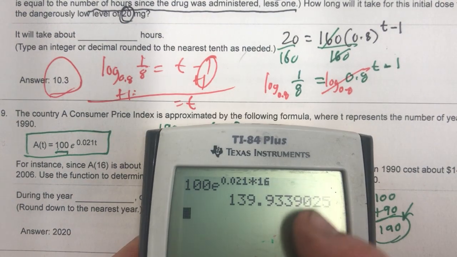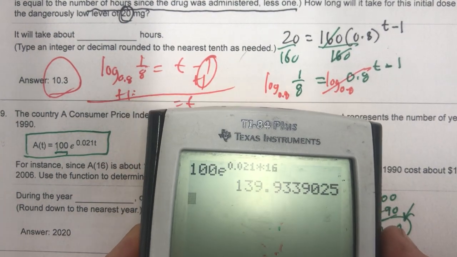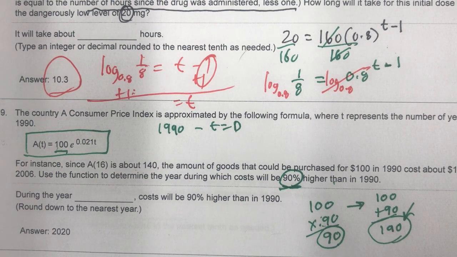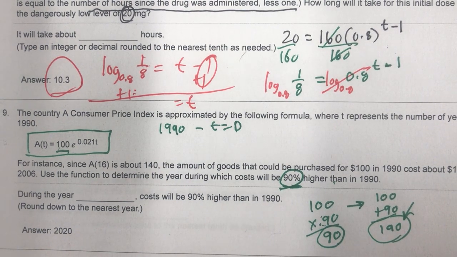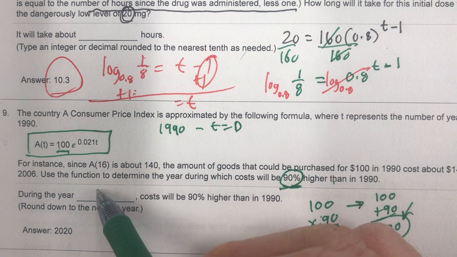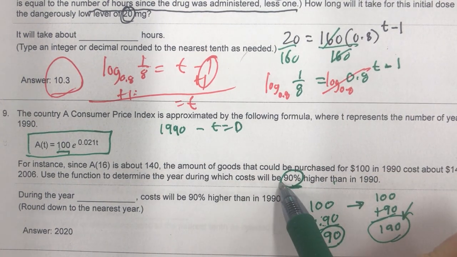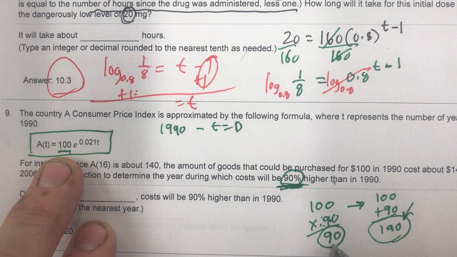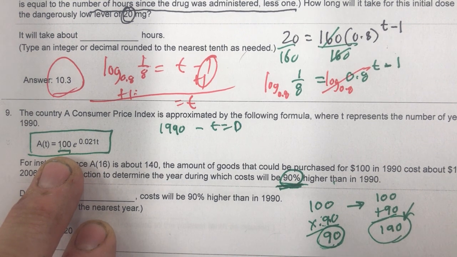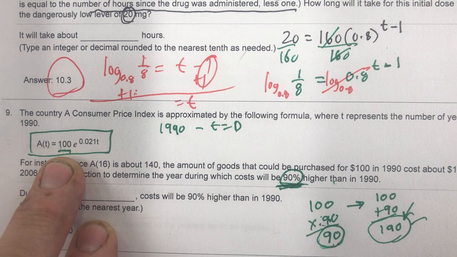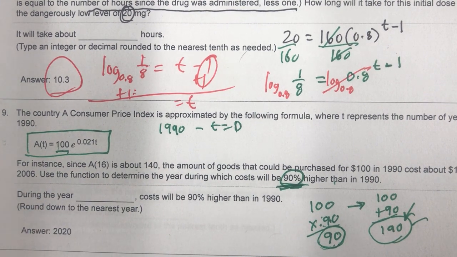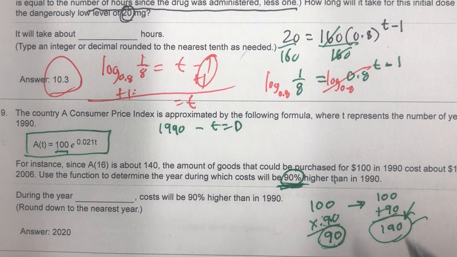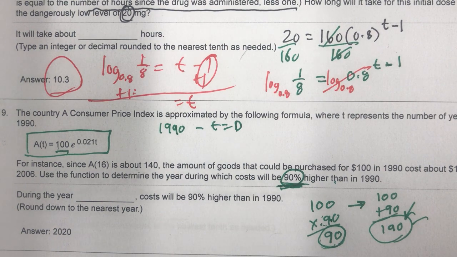And you can see there $140 right at it. It says use the function to determine the year in which the cost will be 90% higher. So I do 90% times the original $100, which would be $90 higher, which would be $190. So that thing that sold for $100 in 1990 is going to sell for $190 now. In what year?